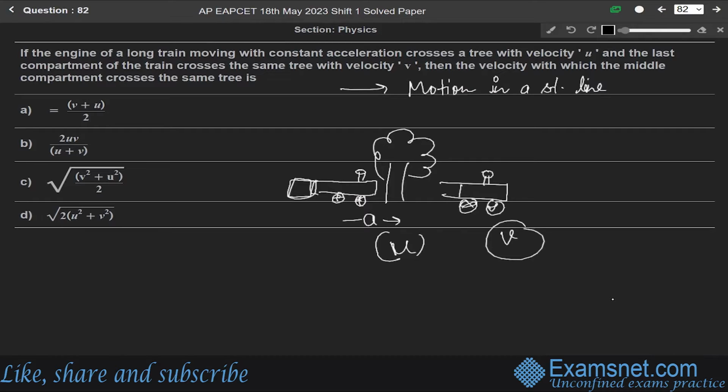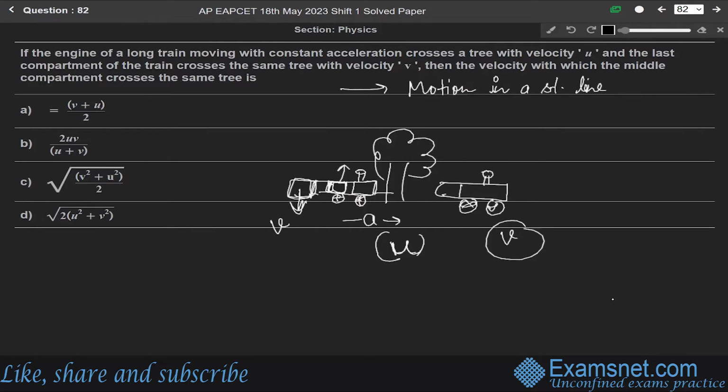Then the velocity with which the middle compartment passes. Let us say this is the first compartment, this is the middle one, and this is the last one. When the first one crosses, it crosses with a velocity of u. When the last compartment crosses, it crosses with a velocity of v. We have to find the velocity of the middle compartment.